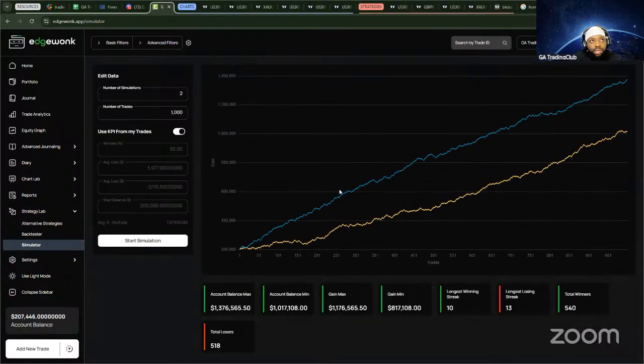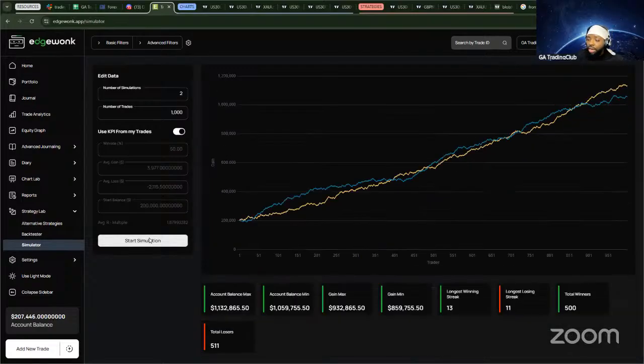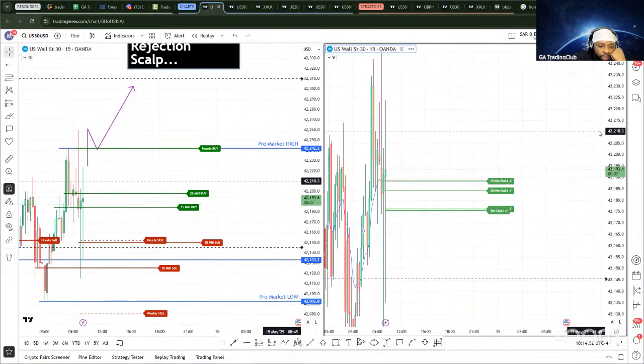So the takeaway is that with this particular one, you can 5x your account in 500 trades, and then you can almost 7x or 8x your account in 1,000 trades. So if it's a $20,000 account, you can get to 100K in X amount of trades. Anyway, let's see what we get here.